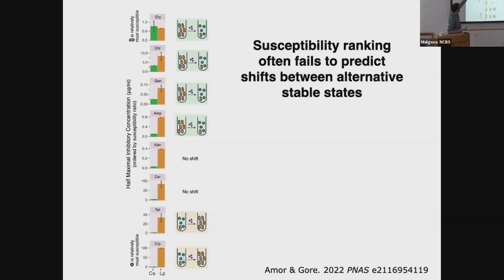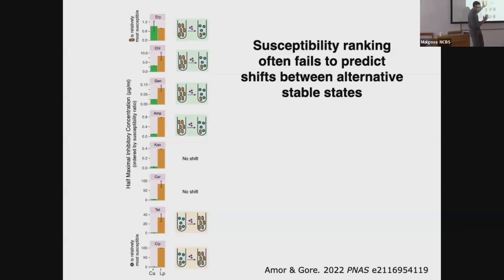For all of these antibiotics, we have more sensitivity in the case of the green one, but still, up to here, the green one was always benefiting from the perturbation.